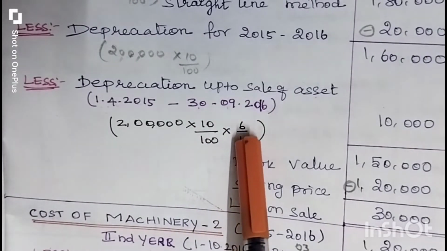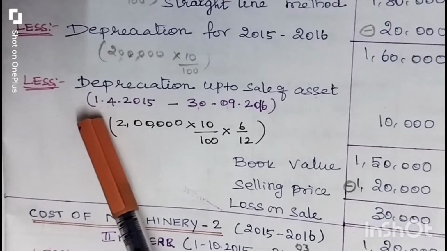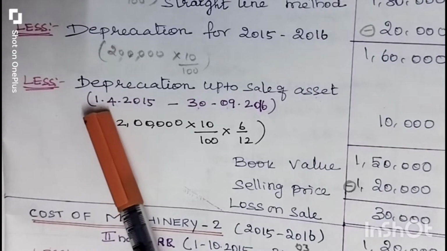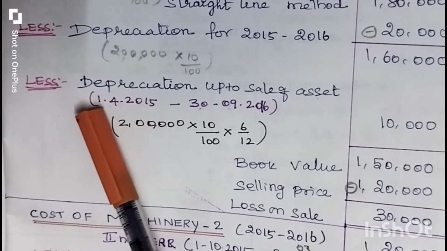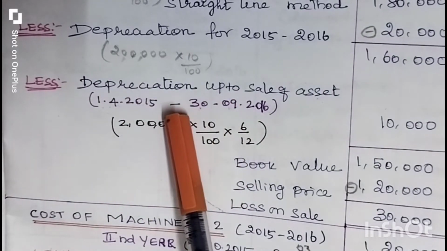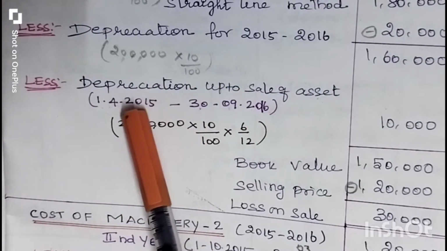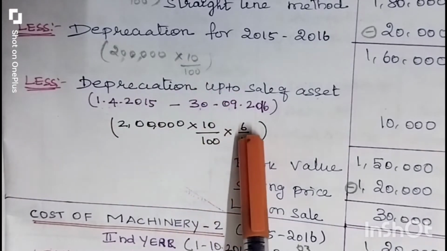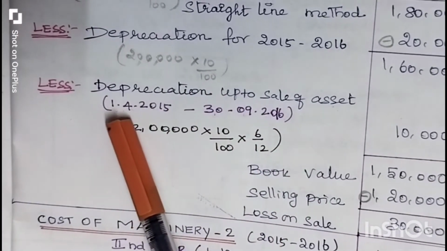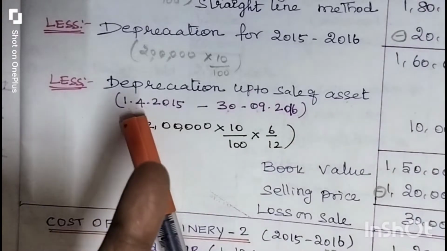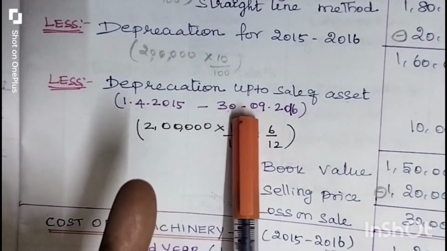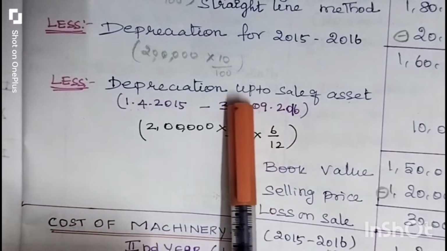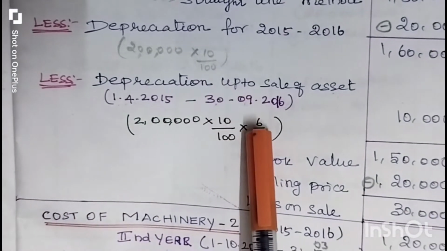How do you get 6 months? From April 1 to September 30: April, May, June, July, August, September. That is 6 months out of 12 months.